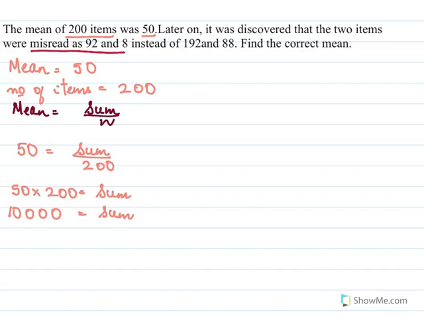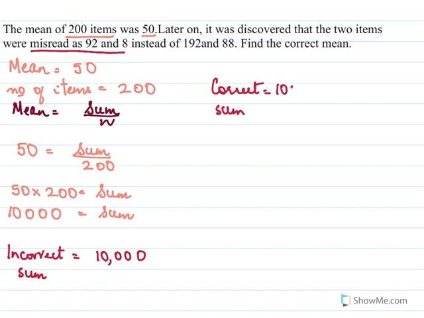But later we see here it was misread as 92, so there was a mistake in this, right? So this is incorrect. This is incorrect sum. The incorrect sum was 10,000. Now we need to correct the sum. To do correct sum, we have to take the old sum, the incorrect sum, add what is right, subtract what is wrong.